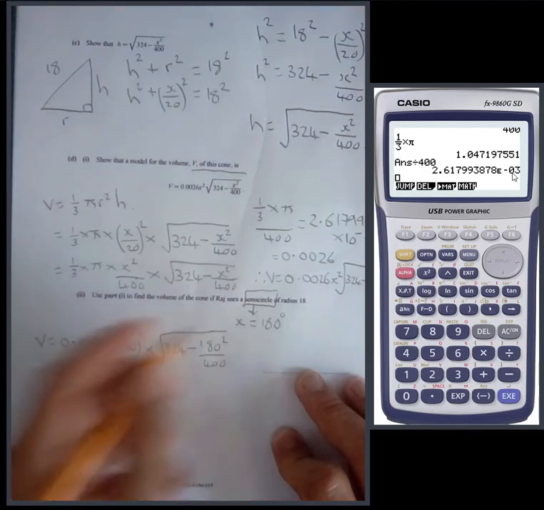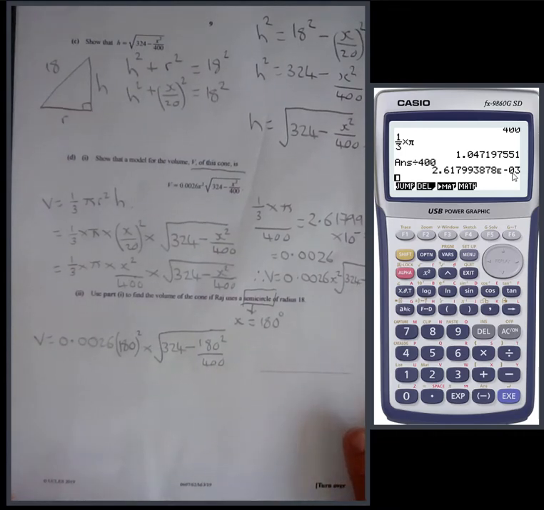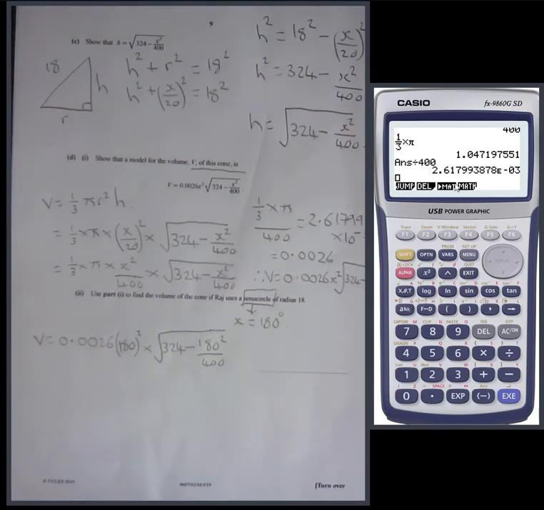Now, if this was me, I would be encouraging you, and I think you should be encouraged, to use your last answer. As in, when I'm plugging in this 0.0026, I think you should be plugging in this number here on a calculator, 2.617993 times 10 to the minus 3, as in the most accuracy as possible.